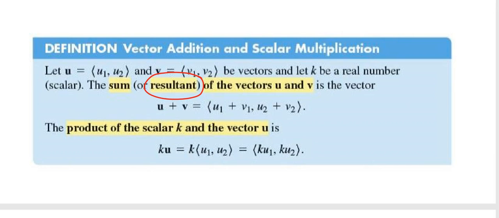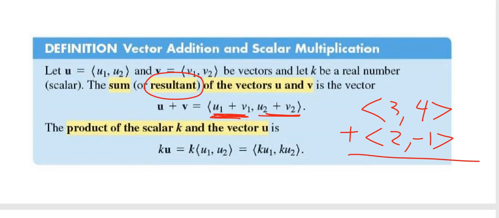What does it look like I'm doing with the x components and the y components? Adding them. That's exactly what you're doing. So let me give you an example and see if you can handle this. 3, 4, 2, -1. Find the resultant vector.